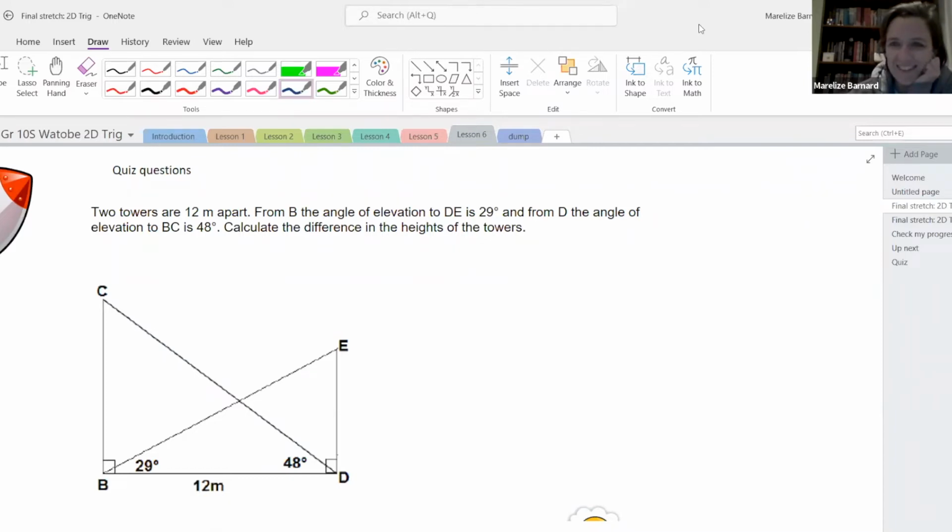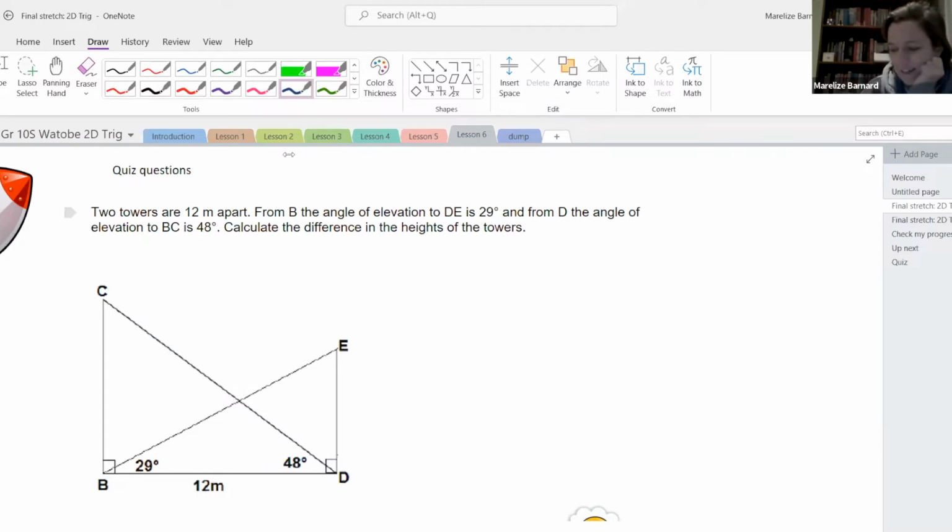Oh, we've got some interesting emojis this class. I like it. Oh, there's an interesting one. A bow. Oh, a peace sign. Wow. Okay. Nice. Loving this.